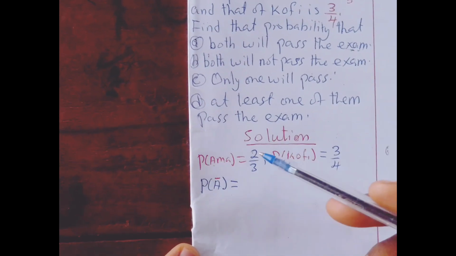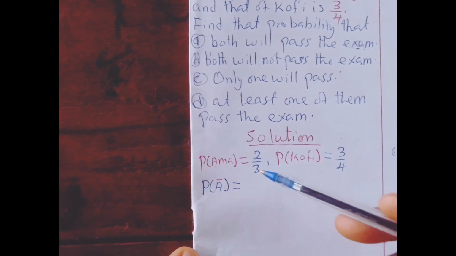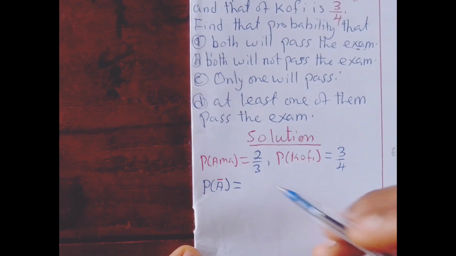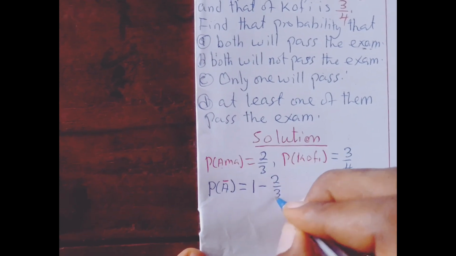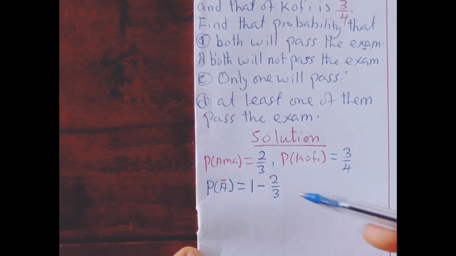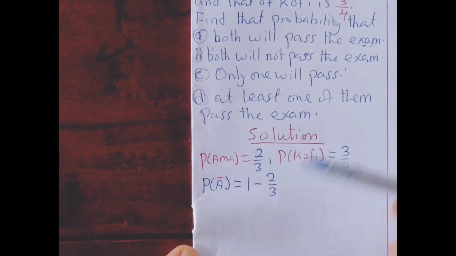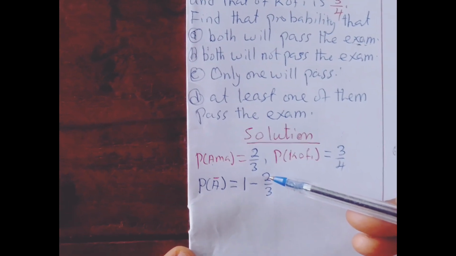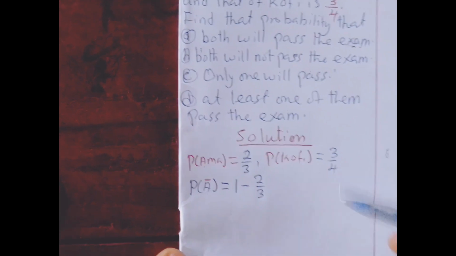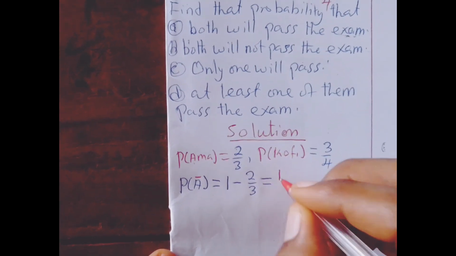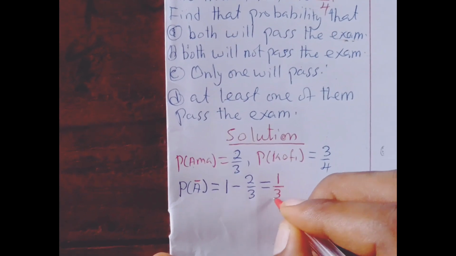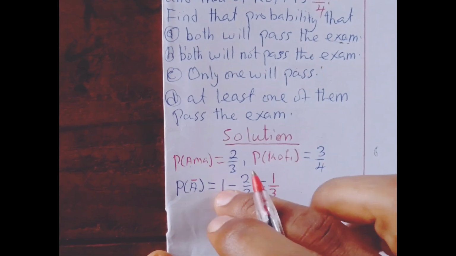The probability of Amma passing is 2 out of 3, so if Amma will not pass, you have to subtract it from 1. So it becomes 1 minus 2 out of 3. Anytime you are subtracting a proper fraction from 1, just ask yourself what number you will add to the numerator to make it the same as the denominator. That number is 1. So it becomes 1 out of the denominator, which is 3. If you add this and this, you get back to 1.